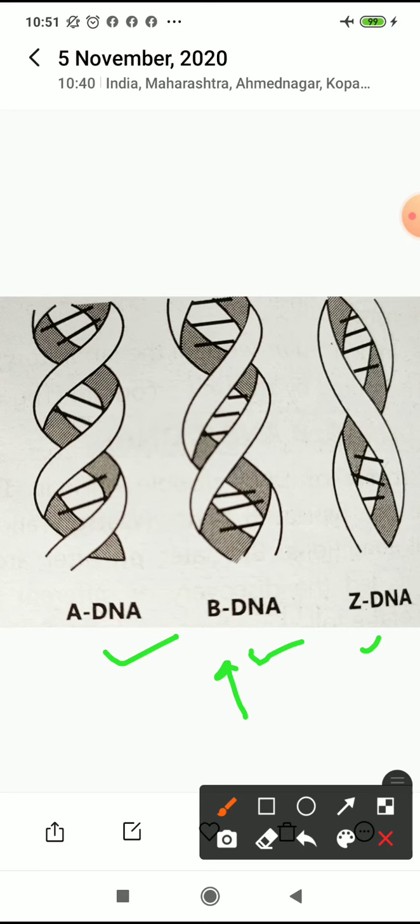Other forms differ from B form in features like number of base pairs per turn, distance between two base pairs, and its diameter.